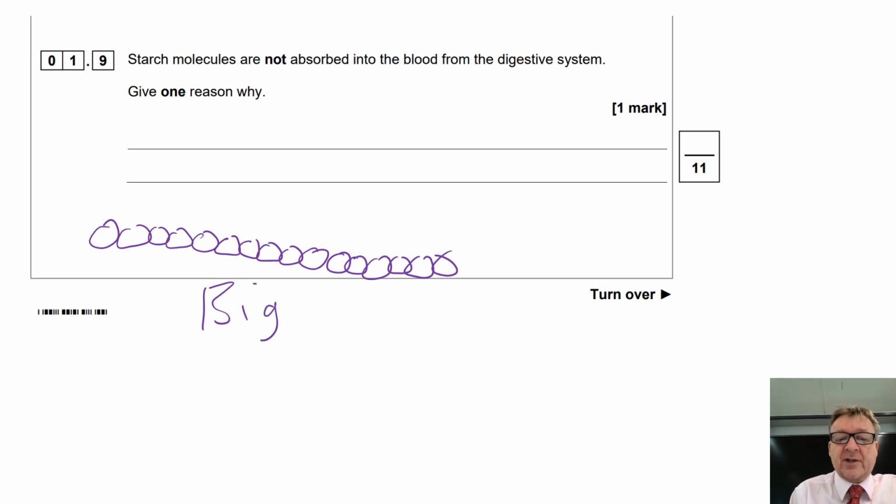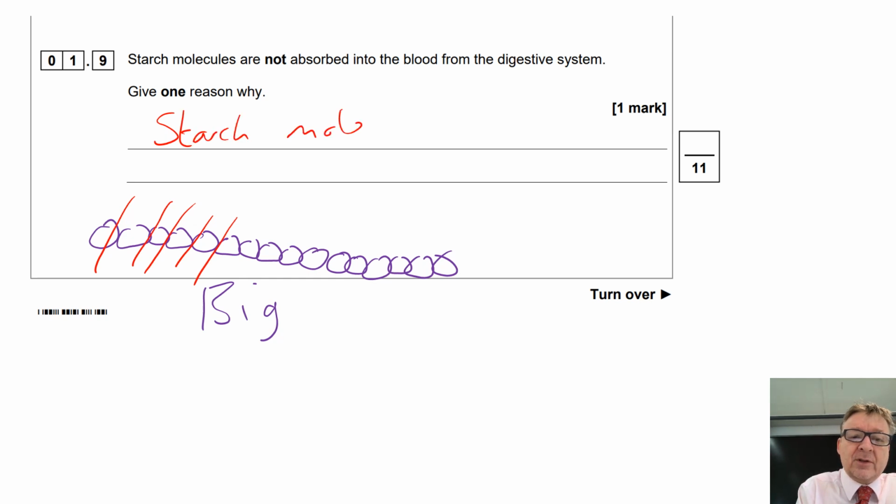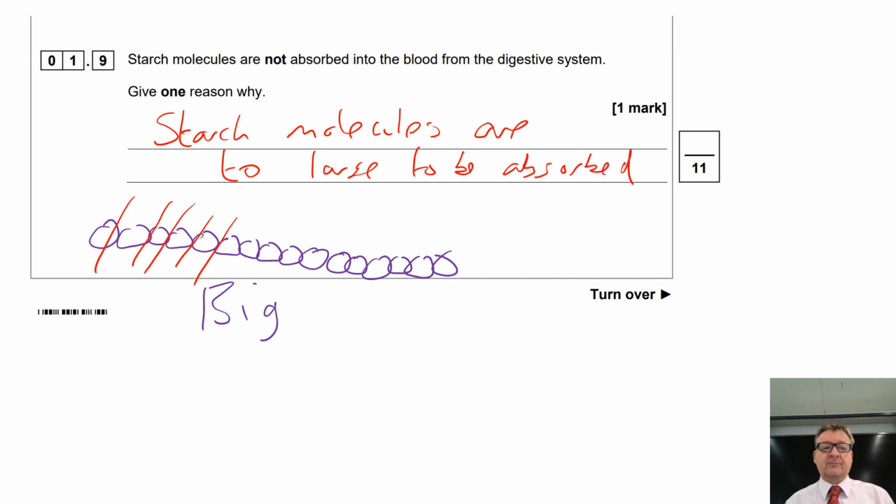And the whole point in the digestive process is to break it, break it, break it so then they're small enough to be absorbed. Starch molecules are too large to be absorbed. Okay, fabulous.